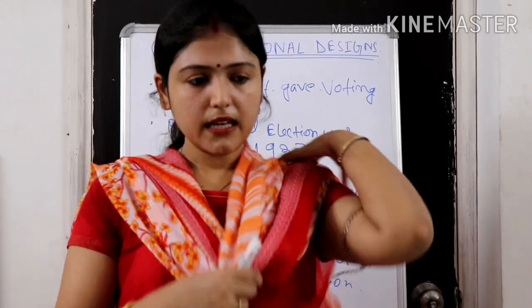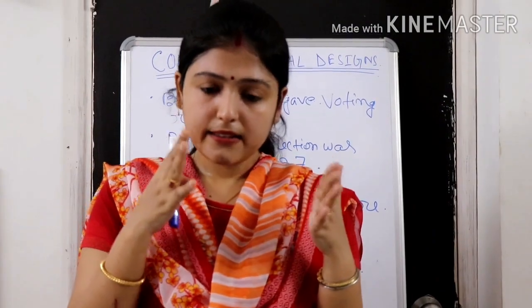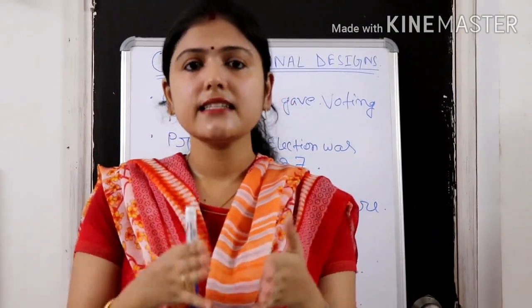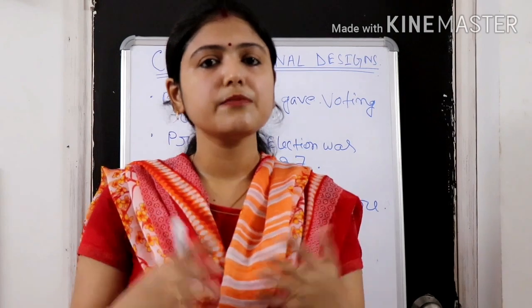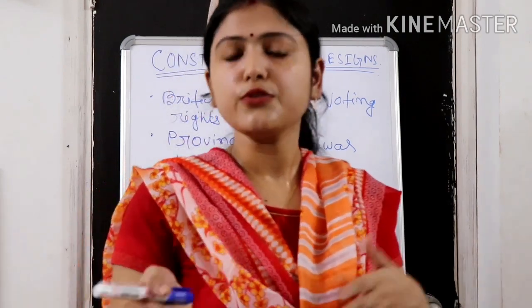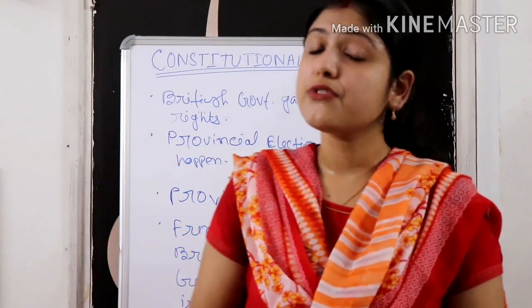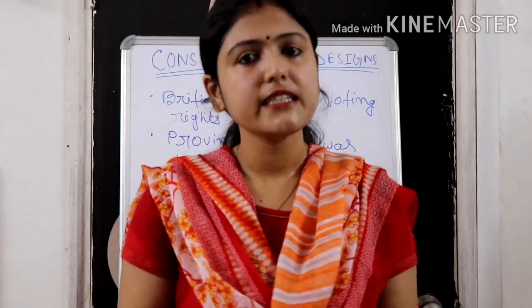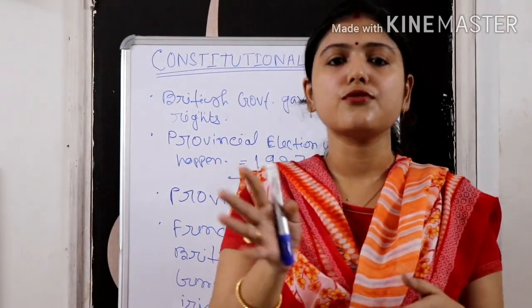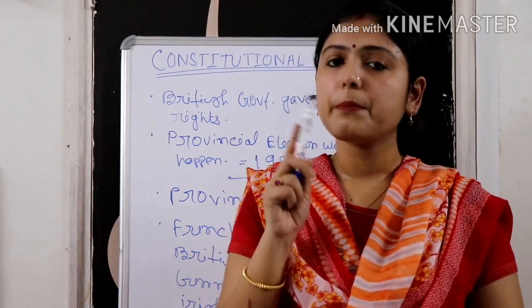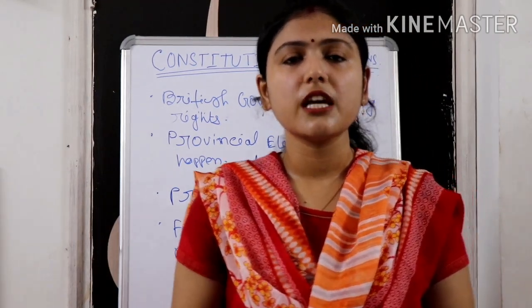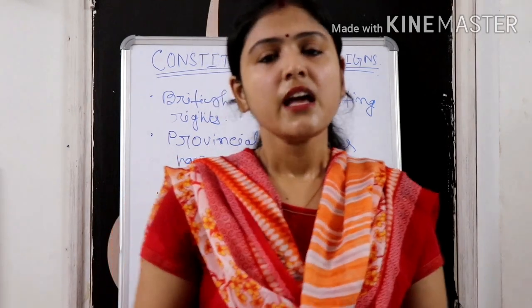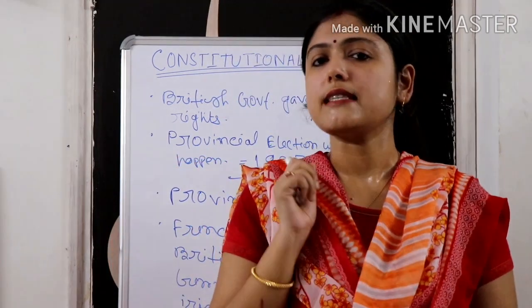Clear? Okay. Then in 1947, the British government felt the urge that they should leave our country now, and to hand over charge, our country should have a constitution. For that, they prepared a committee named the Constituent Assembly.